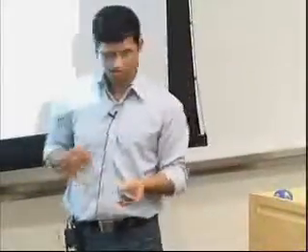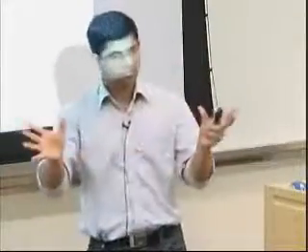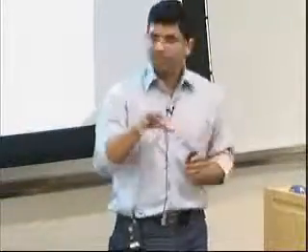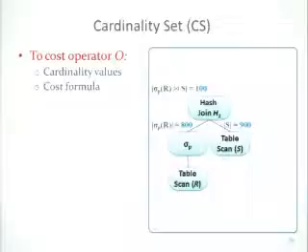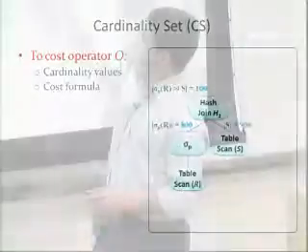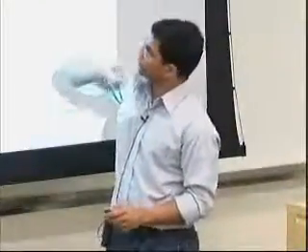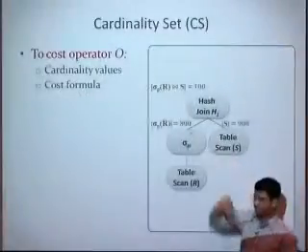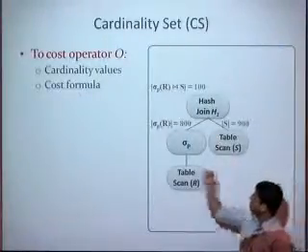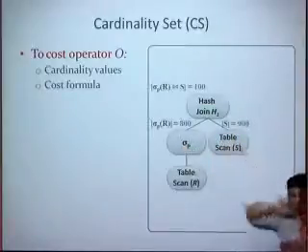So the way in which the query optimizer estimates the cost of an operator like this is it has some sort of a cost formula to which you need inputs, and some of the main inputs are the expressions and especially the cardinality values for the expressions. Let me give you an example, right? So for this hash join in PostgreSQL, to estimate the cost of the hash join, the optimizer needs the sizes of its inputs. So in this case, the expressions are the sigma of R and S, right?